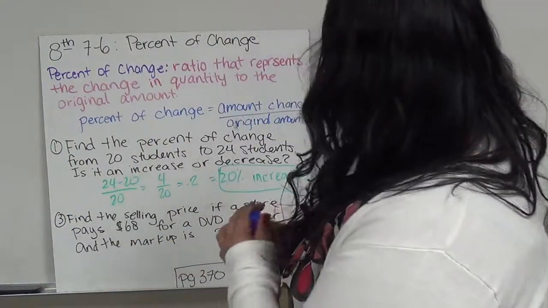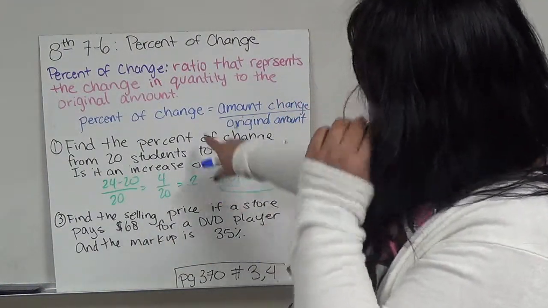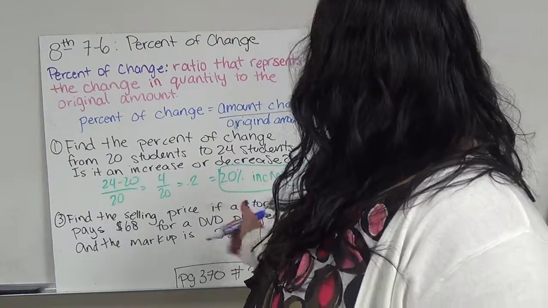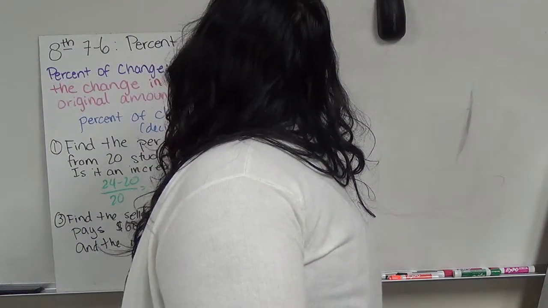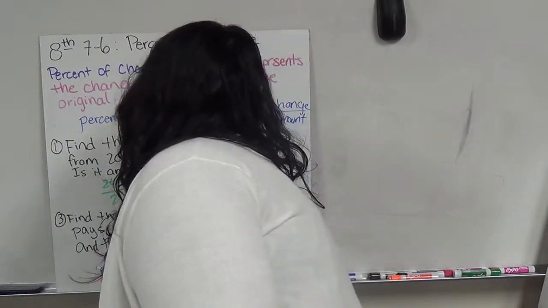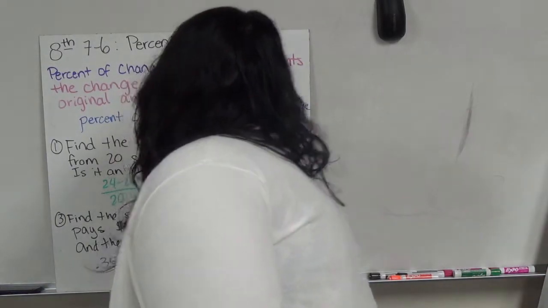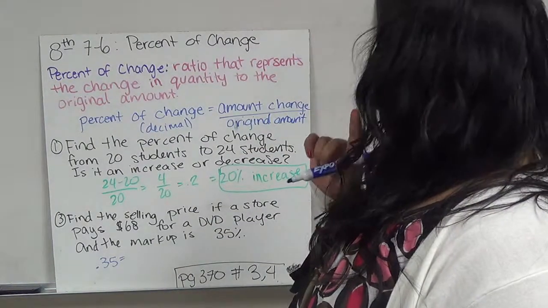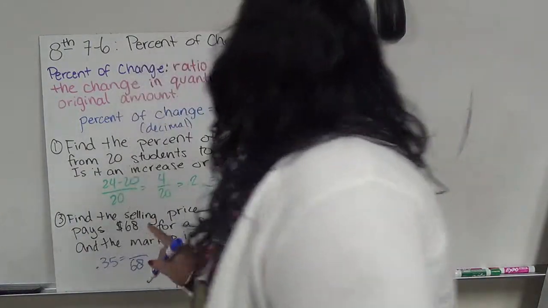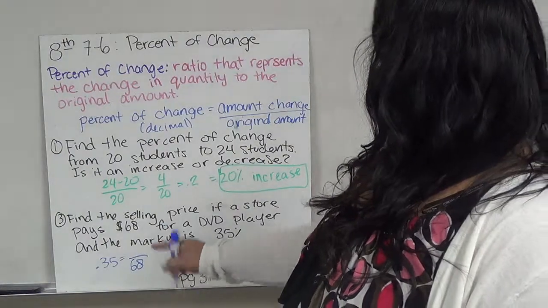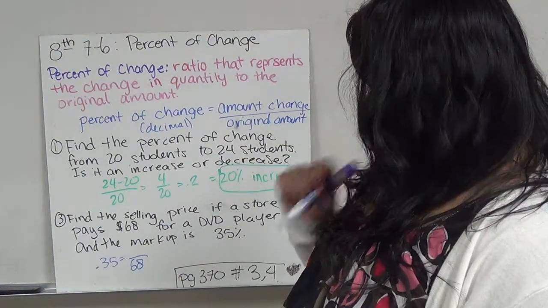So in this case, we know the percent of change, which is 35%, and I'm going to put it in decimal. So this needs to be in decimal. Okay, so the percent of change is 0.35. I know that the original amount is 68. What I don't know is how much the new markup is.